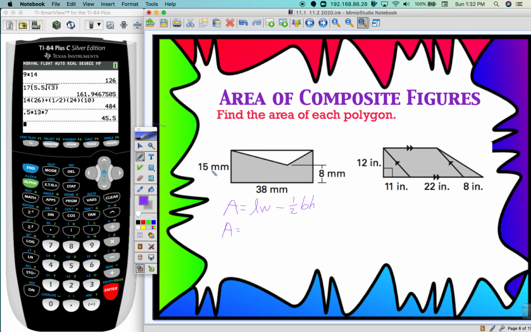So the rectangle's dimensions are 15 and 38. The base and the height of the triangle have to be perpendicular, and I don't see a right angle anywhere. I guess it's just because this isn't labeled very clearly, but this is a rectangle, so all of these are right angles, making that distance a height.